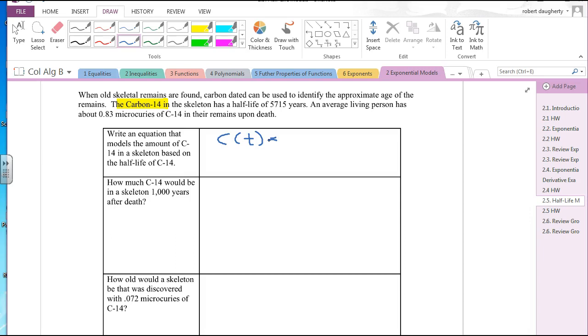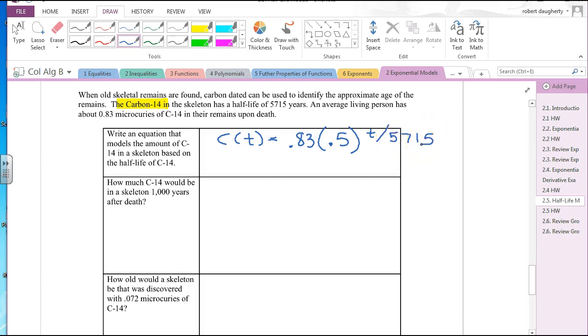What's the initial amount? 0.83, that's how much is initially there. And then the half-life formula is always a 0.5. And then I'm going to raise that to the T over, what is the half-life of carbon-14? Yeah, 5715.